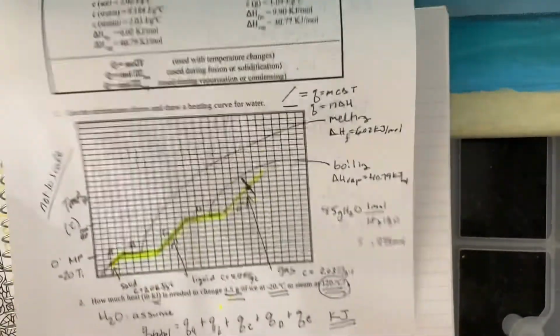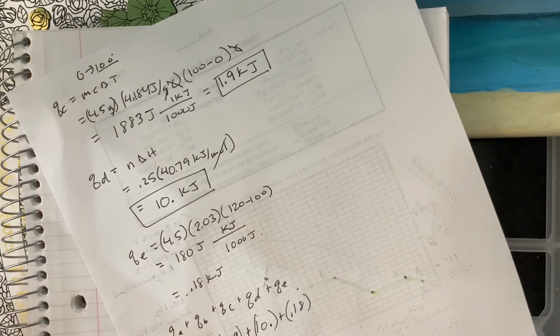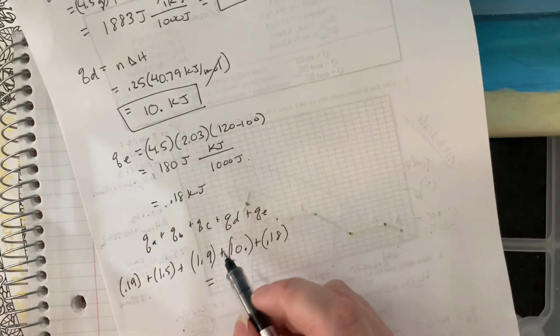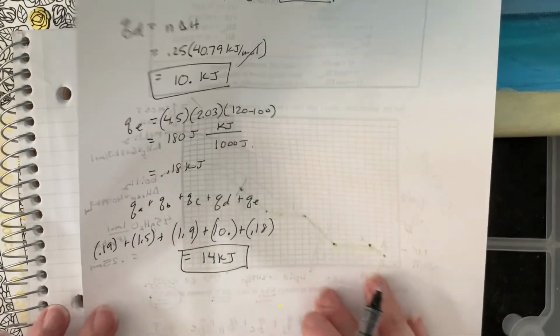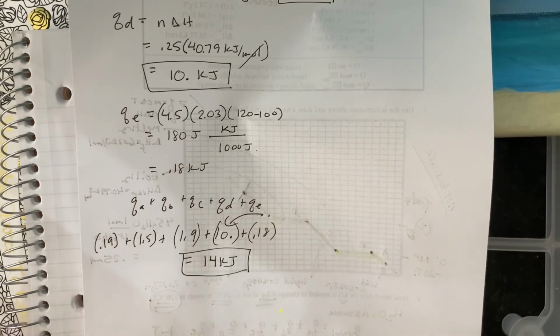And QA 0.19. Okay, and my total kilojoules, 13.77 or 14 kilojoules for 2 sig figs. So you notice some parts of the processes have a lot more effect than other parts of the processes, and that's okay.